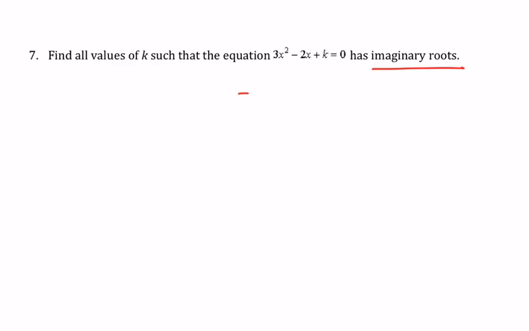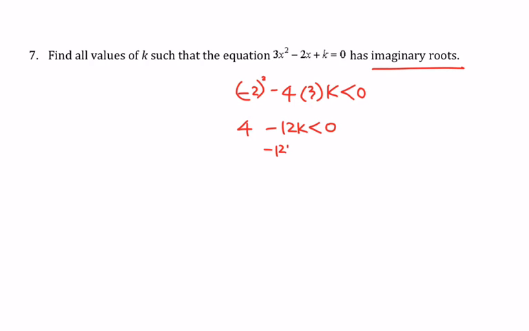Now number 7, we are looking for imaginary roots. That means the discriminant has to be less than 0. So here we get negative 2 squared minus 4, a is equal to 3, and then c is equal to k, has to be less than 0. That means we get 4 minus 12k is less than 0.